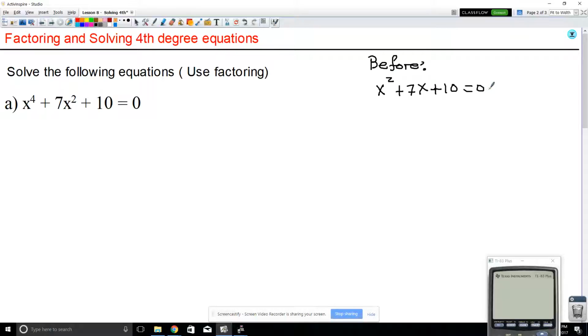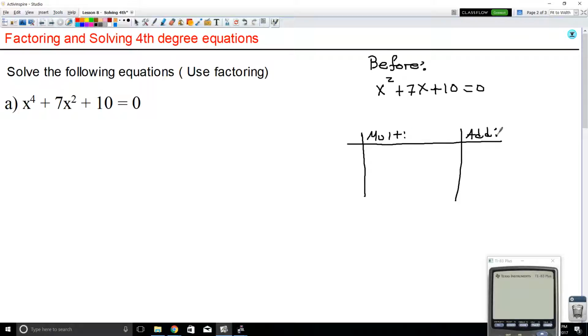So let's apply the technique that we have seen before. Treat it as if it was written this way. We still want that combination: two numbers that, if you multiply, give you something, and if you add them up, give you something else.